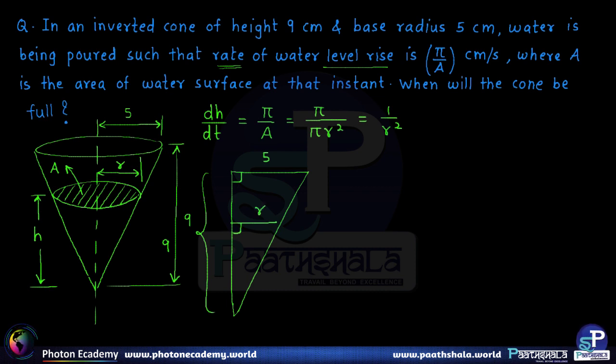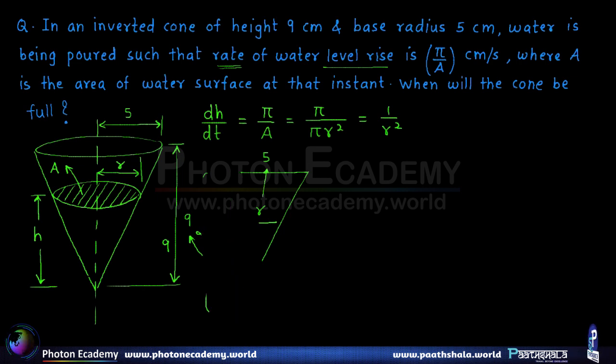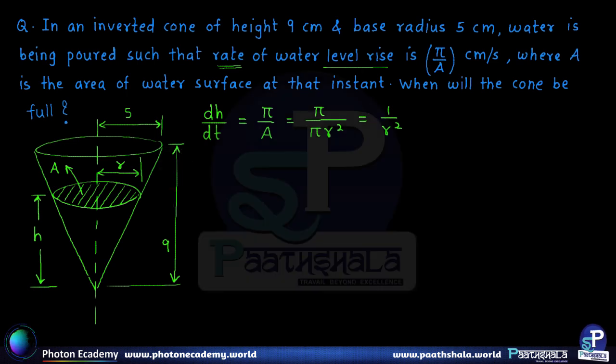If r is the radius at that instant and h is the height at that instant, clearly from the similarity of triangles we know that r is to 5 will be same as h is to 9, correct? So that's the clear ratio in r and h. So with the help of that ratio we can easily replace r in terms of h. And so we write r upon 5 is equal to h upon 9. Therefore we have r is equal to 5h upon 9.